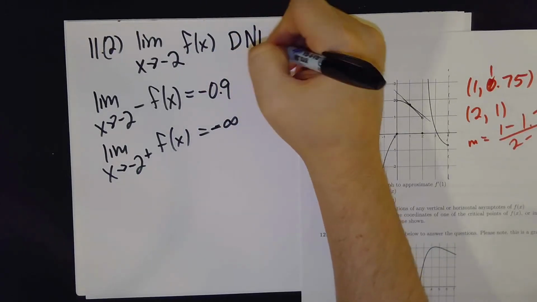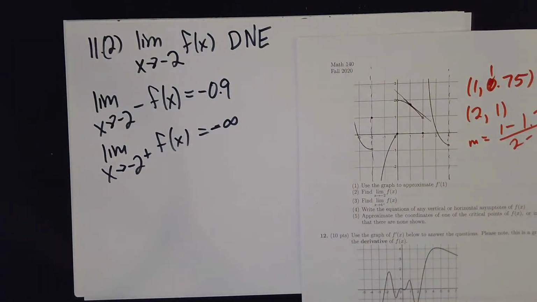You can write does not exist or undefined or DNE or whatever your favorite form of saying the limit is broken is.